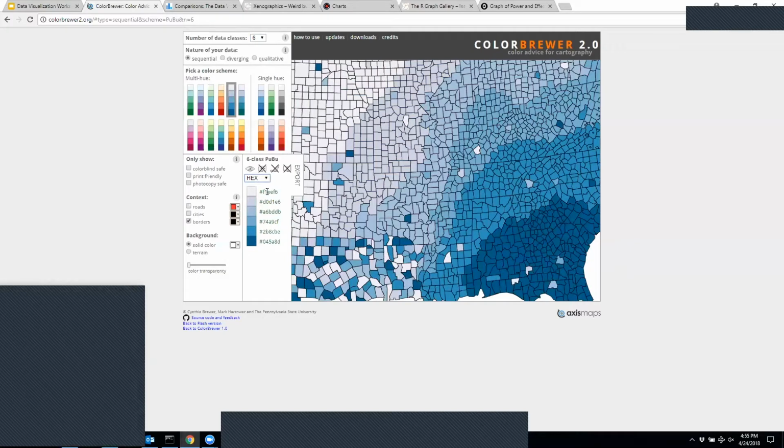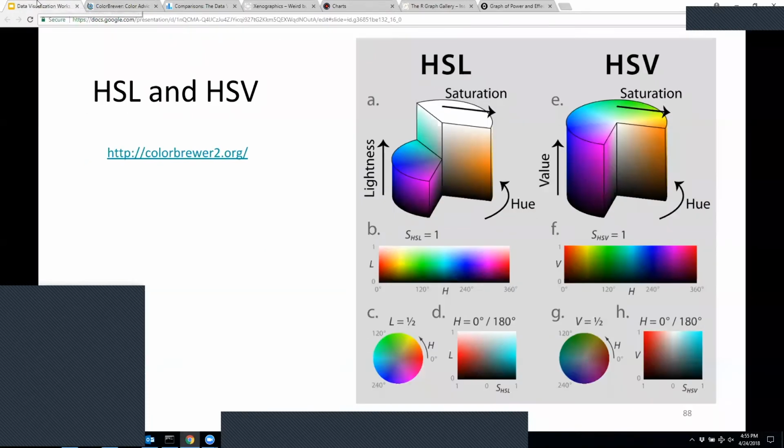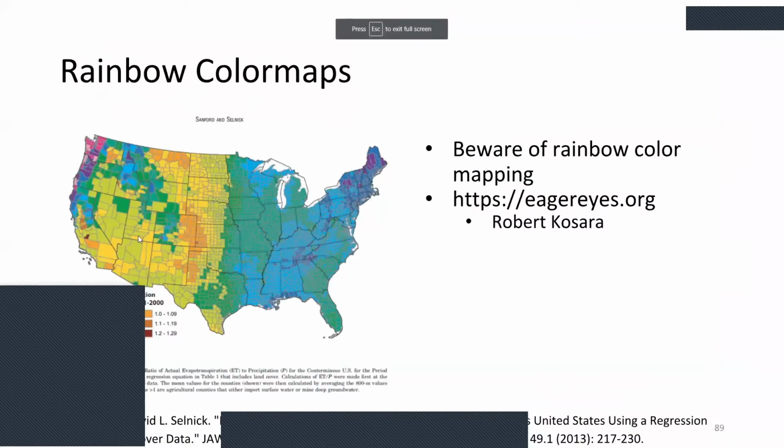And a lot of times, ggplot or R and Adobe will have these built in, so you have to look specifically for something called Color Brewer. Again, a great resource, a lot simpler than me talking about these variations, the HSL and the CIE Lab and things of that nature. It's a lot easier to just use that resource instead.